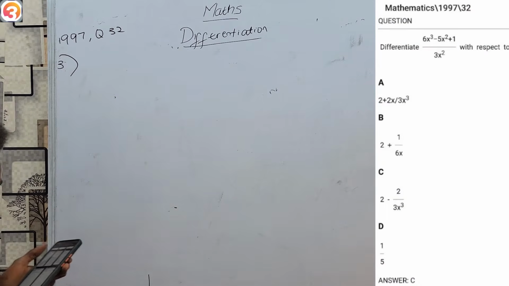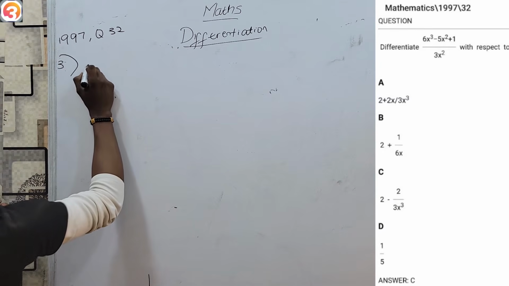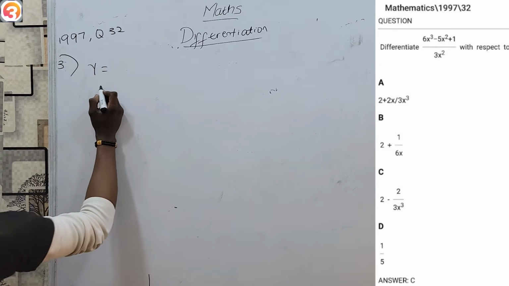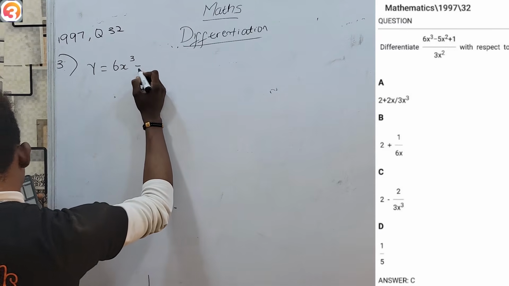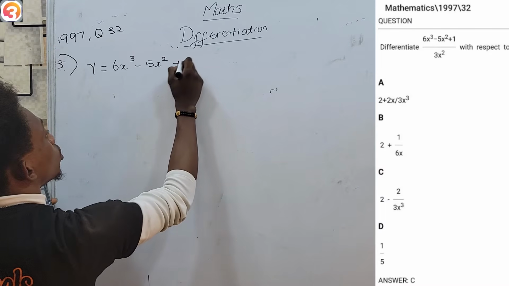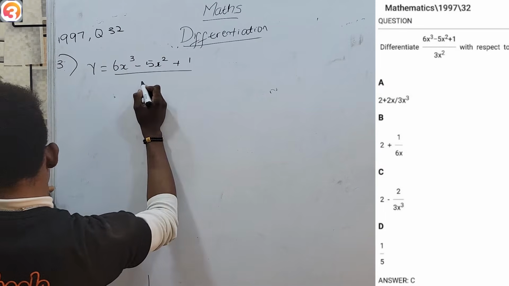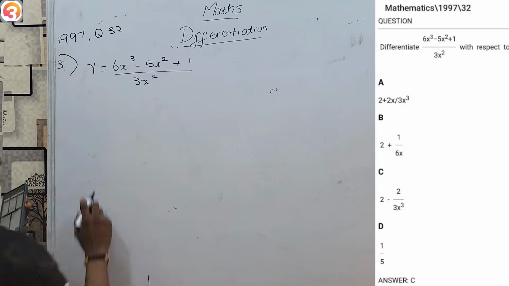This one is asking me to differentiate, basically write it in the form y = (6x³ − 5x² + 1) over 3x².